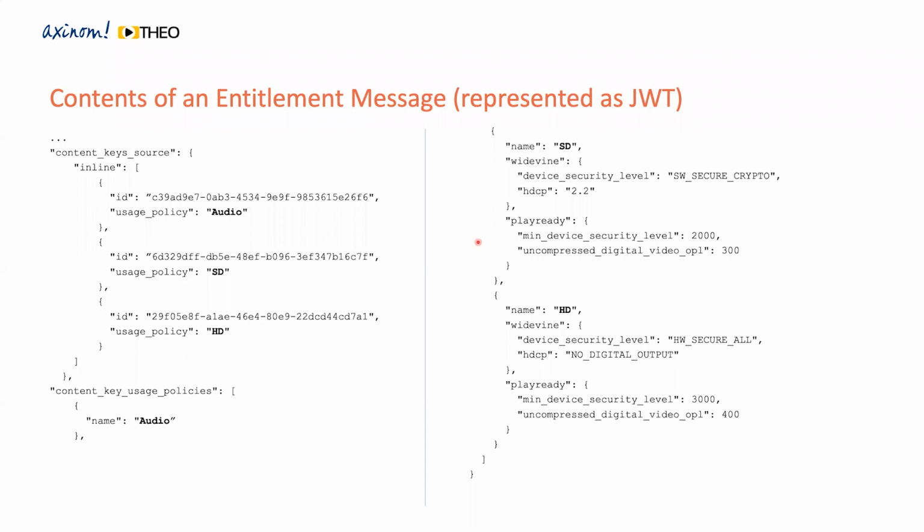And then we have the HD policy, which is even stricter. In the Widevine case, we require a device security level of hardware secure all, which translates to a hardware-backed CDM, and HDCP no digital output, which means that we do not allow connecting external displays, but this will only play on an internal display. And essentially the same thing is translated to PlayReady language as well.